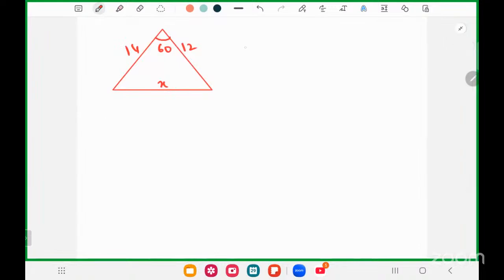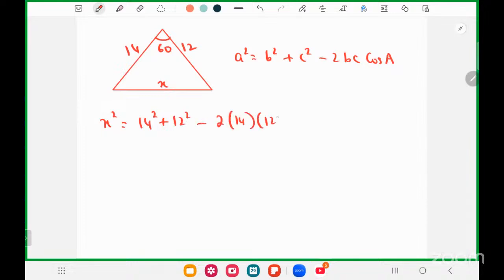So the formula is a square is equal to b square plus c square minus 2bc cos of a. a square in this case becomes x square, b square is 14 square plus 12 square minus 2 into 14 into 12 into cos of 60.